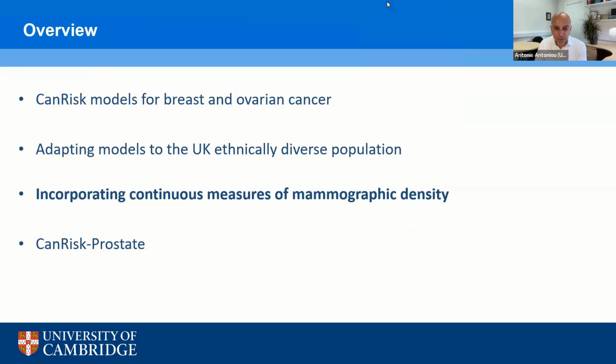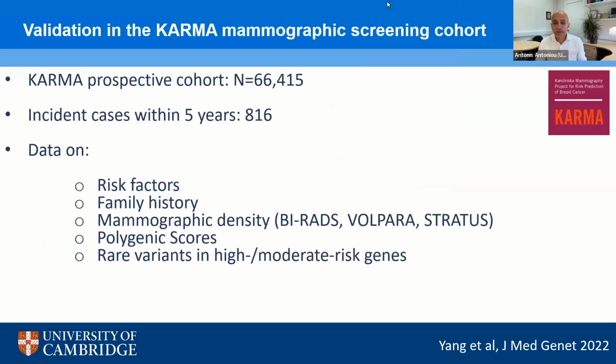The other change that we implemented recently is the inclusion of continuous measures of mammographic density. This was done because at the moment we only consider BI-RADS, which requires a manual reading of mammograms, whereas continuous measures are more amenable to scaling, including density at population level.